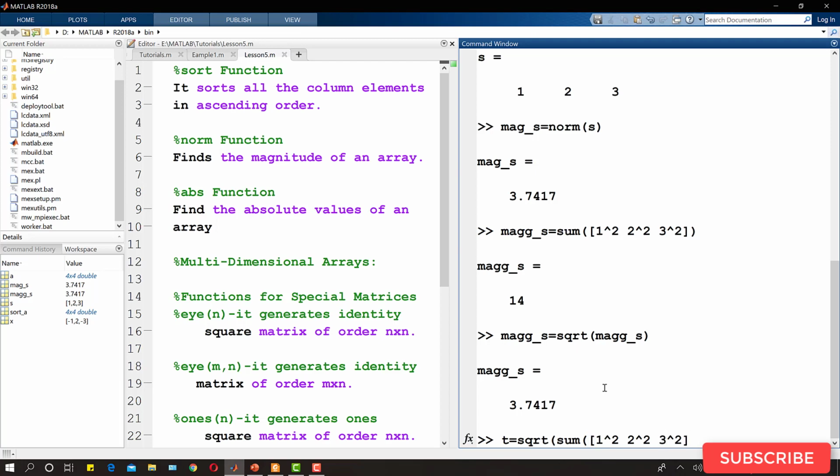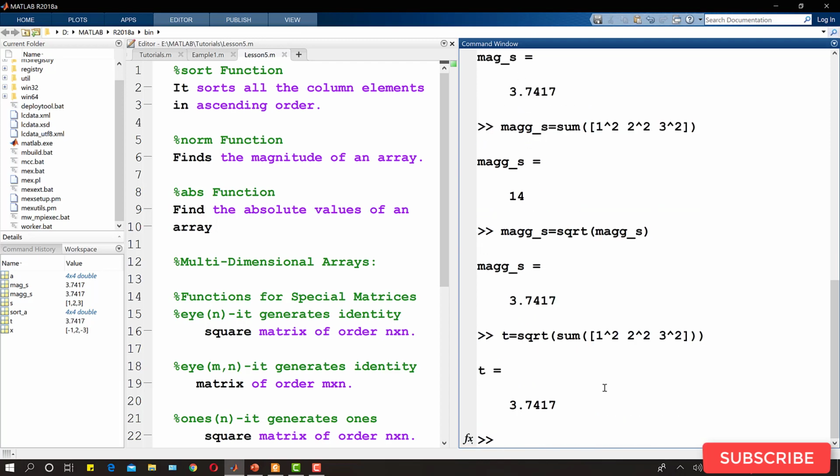Now I will close the square brackets, then round brackets, then again another round bracket. So to find the magnitude of a given array, we can do it like this in one line, but in MATLAB there is a direct function, the norm function available, so we can use the norm function instead of doing this.